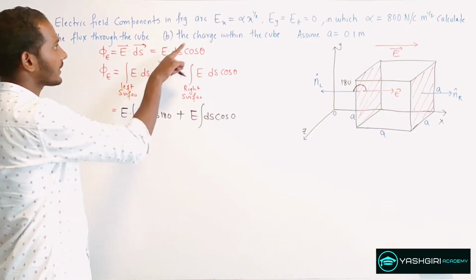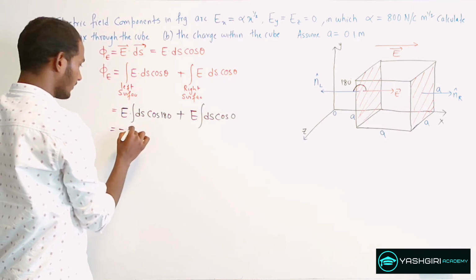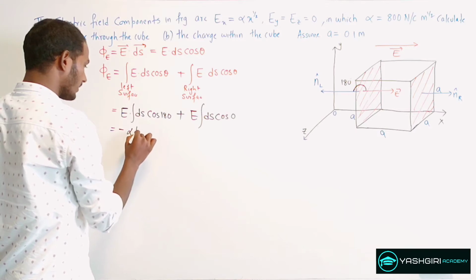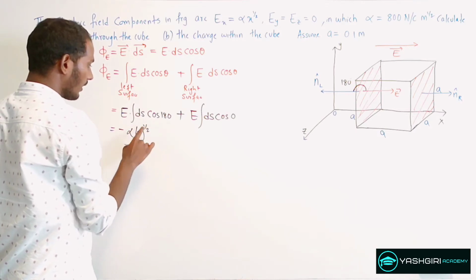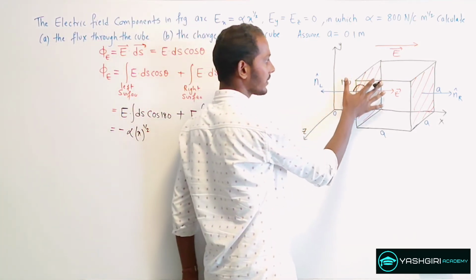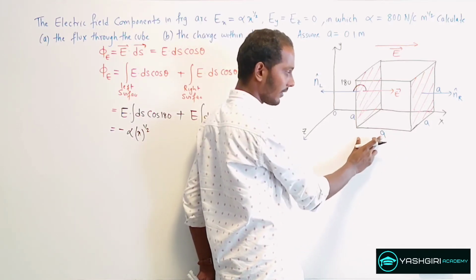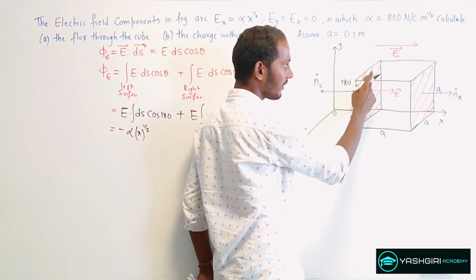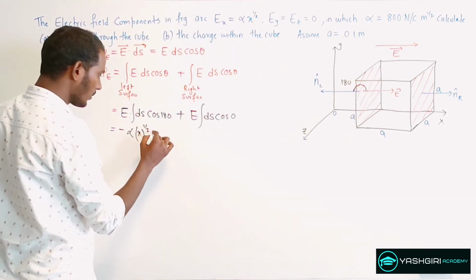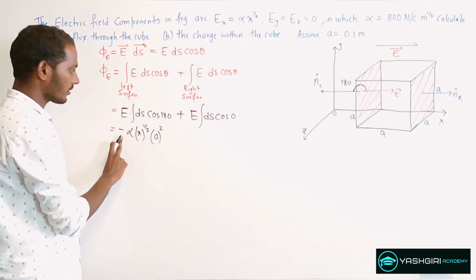And the electric field that is given to us is alpha square root of x. So let me write this as alpha into the square root of x, that is x to the half, and the integral of ds, that means I'm interested in the entire area of this surface. And this is a cube having a side of a, and I'm interested in this surface area, so I can just write it as a square, correct? So it will be a square, and cos of 180 is taken as minus.